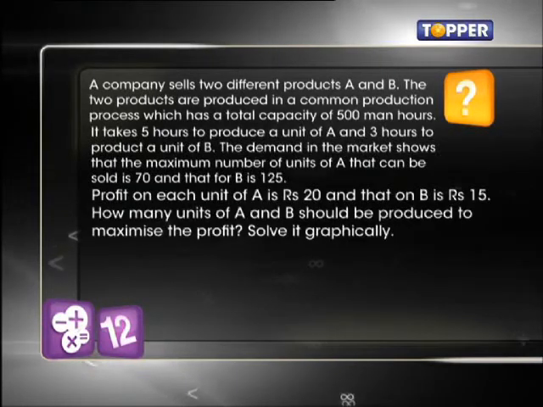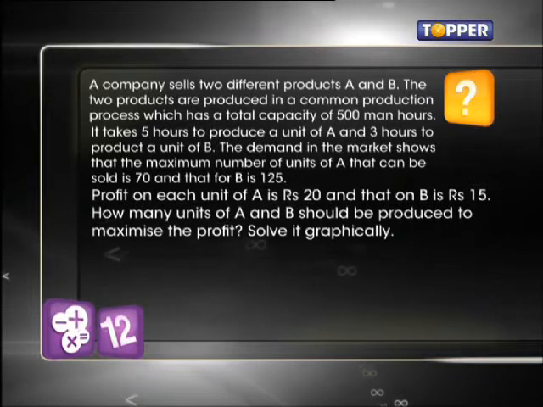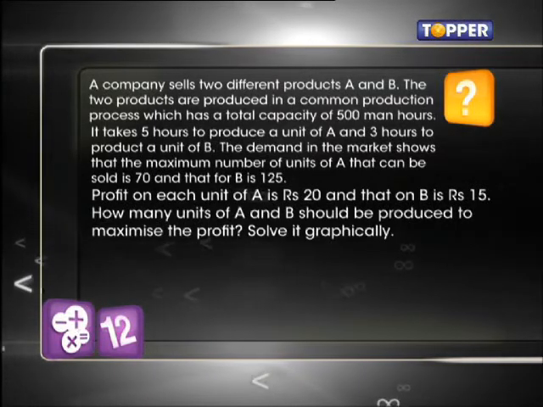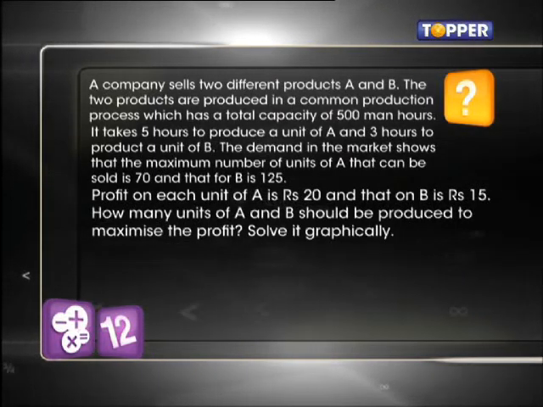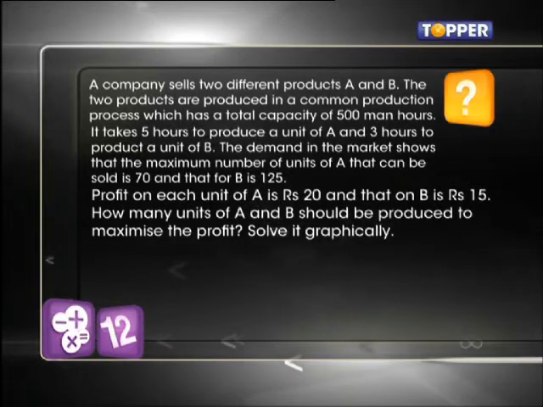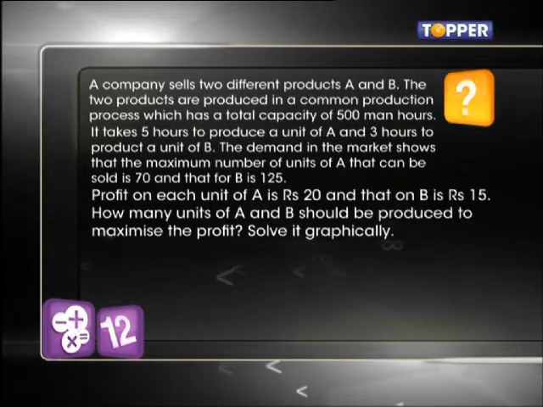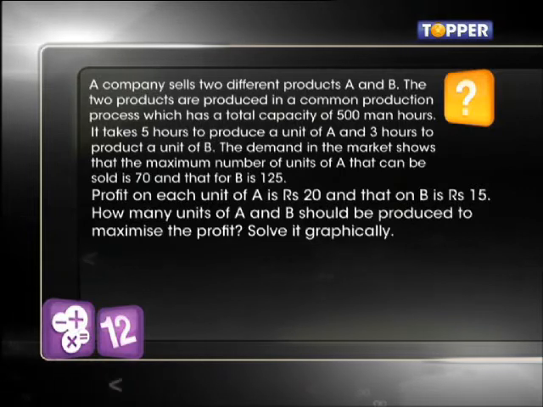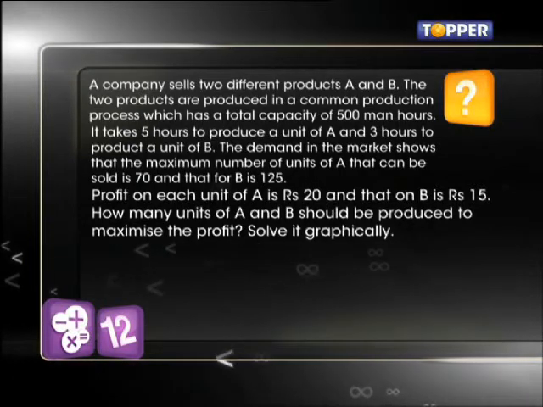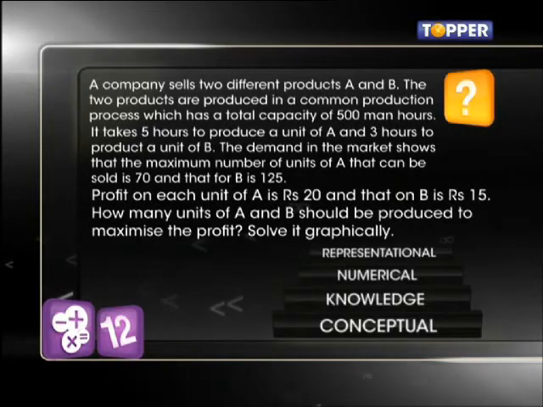Profit on each unit of A is Rs 20 and that on B is Rs 15. Now you need to tell me how many units of A and B should be produced to maximize the profit. You have to solve it graphically.